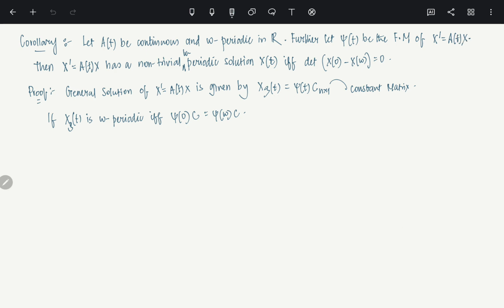So let's say x is a w periodic solution. That is the general solution, and there is a w periodic solution if and only if x of 0 equals x of w, and that will imply phi 0 times c is phi w times c. What does that imply? That will imply the system phi 0 minus phi w times c equals 0 has a non-trivial solution.